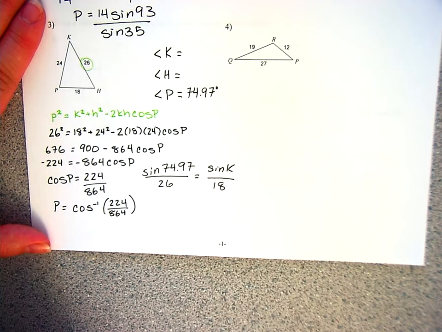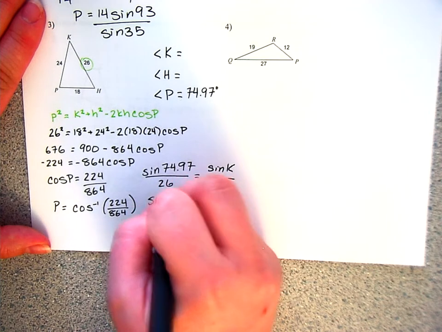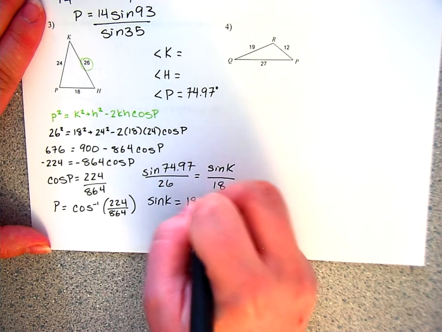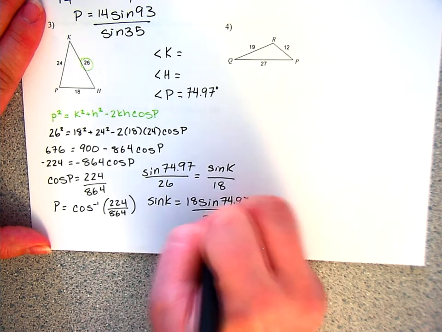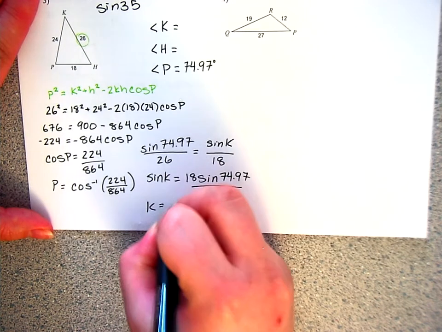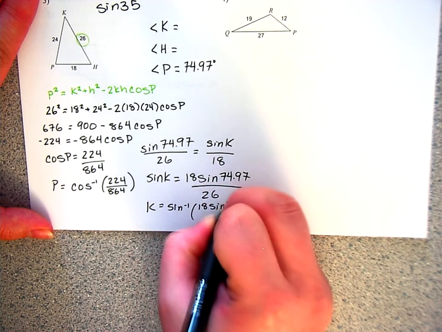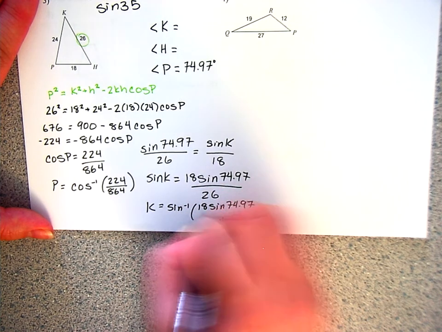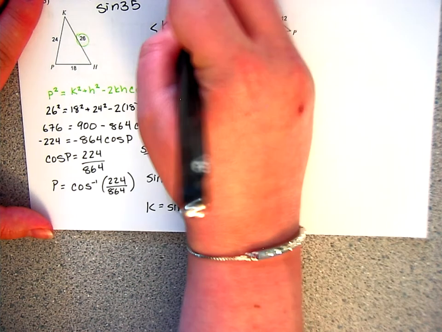So I'm going to have sine K equals 18 times sine of 74.97 divided by 26, and now I need to use inverse. So K is equal to sine inverse of all that, 18 times sine 74.97 over 26. That gives me that K is equal to 41.96.